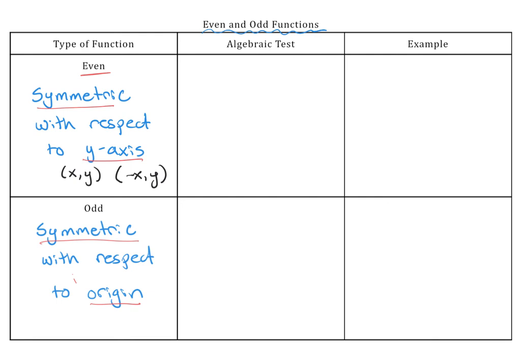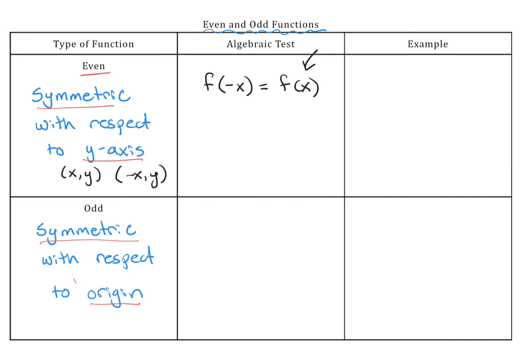Another way to represent that same thing is saying that if I plug in negative x, it goes back to the original f of x. That's the test that I was doing earlier in the video, just another way to mathematically show that.